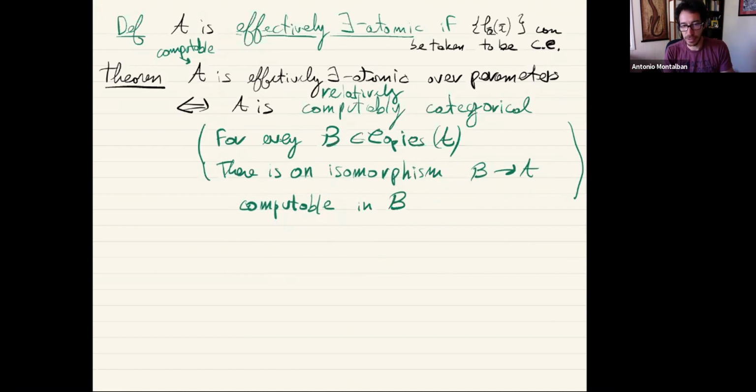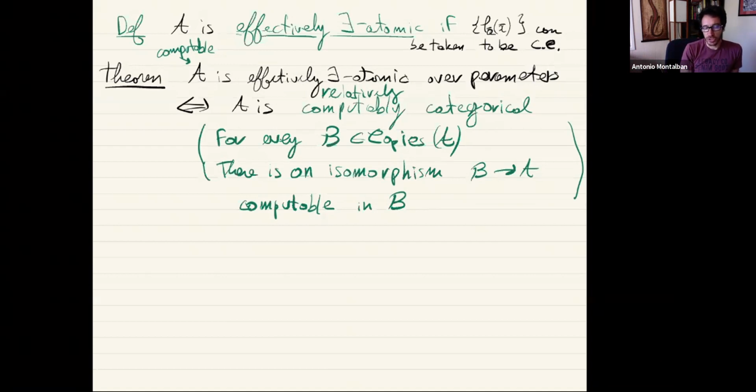Well, in this case, the structure is relatively computably categorical. Just using B as an oracle, I can figure out the isomorphism. If the structure B is non-computable, it's going to be very hard to find a computable isomorphism between B and A, which is what I wrote before. But at least in this case, we can find the isomorphism computably in B.